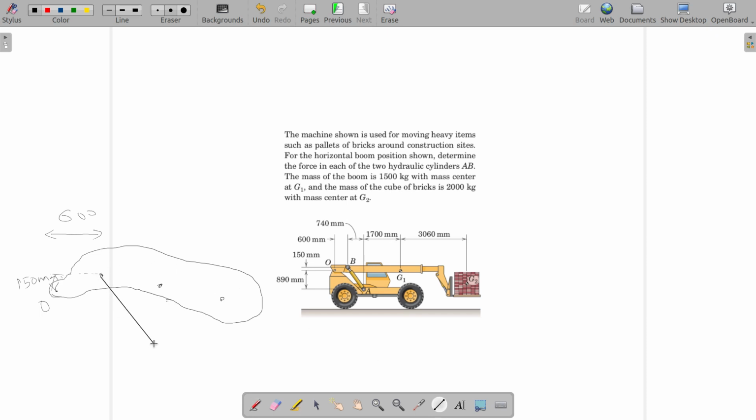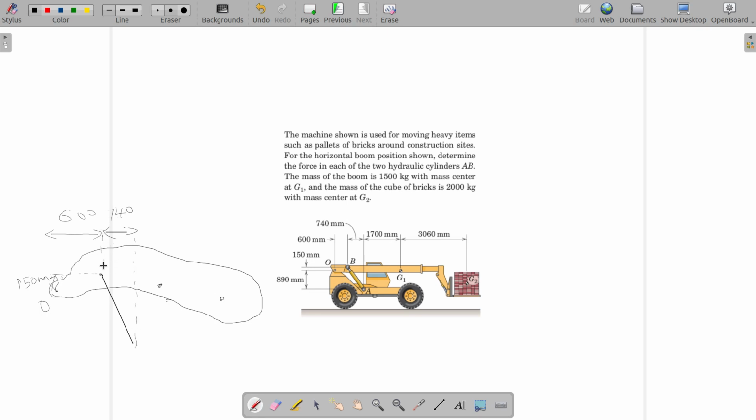So this is another member. I'm just showing here so that we can mark all the dimensions here, and then you have the distance from here to here, which is 740.